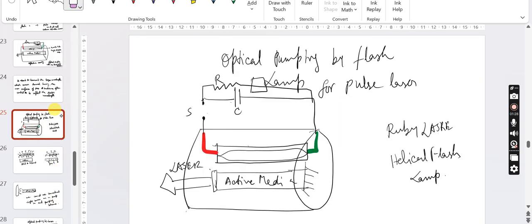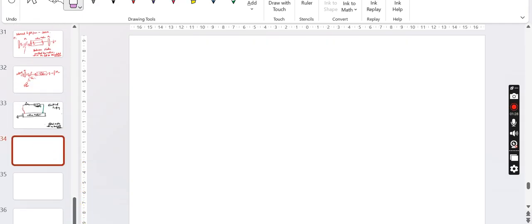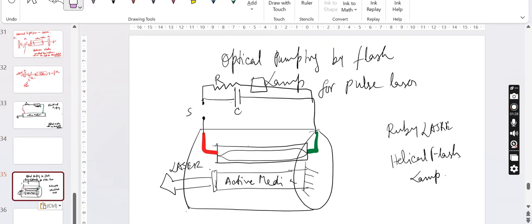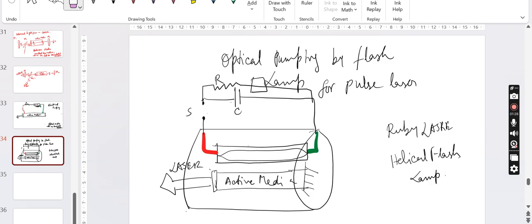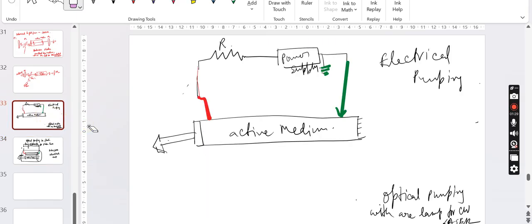The same mechanism we follow here, but instead of optical pumping where electrical energy is converted into optical energy, here the electrical energy is directly used as the pumping method.